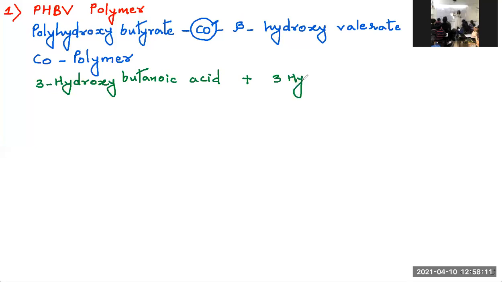You should keep on learning. During the lecture only you should learn. So you have to learn PHBV polymer. It is a polyhydroxybutyrate, a copolymer with beta hydroxyvalerate. It is a copolymer and its monomers are 3-hydroxybutanoic acid and 3-hydroxypentanoic acid.